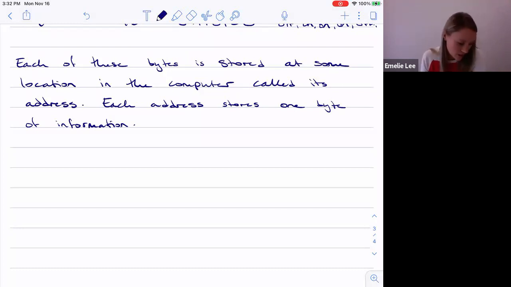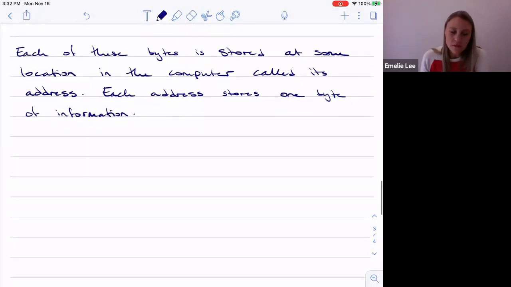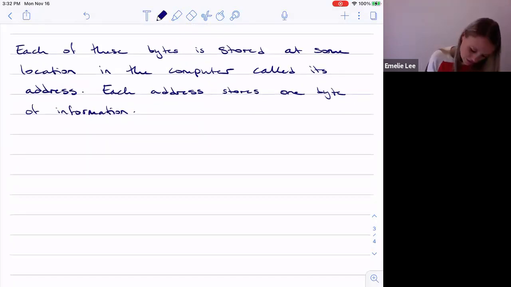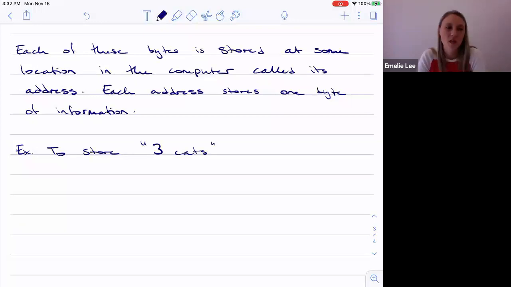Okay. So for example, to store something like 3 cats, right? I guess it's an example. To store the phrase 3 cats, we would need 6 addresses.